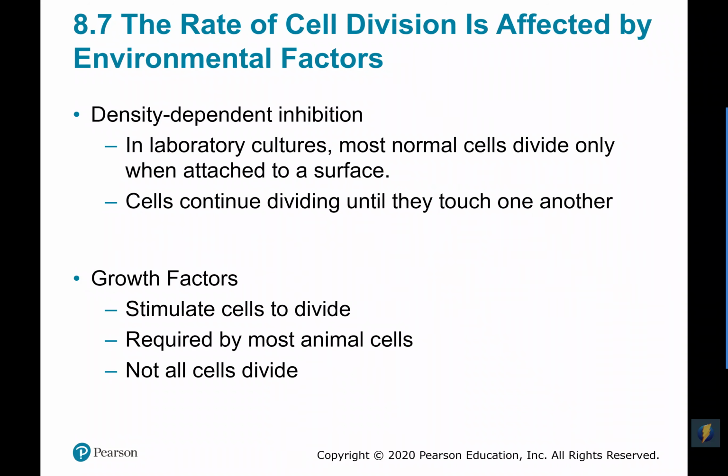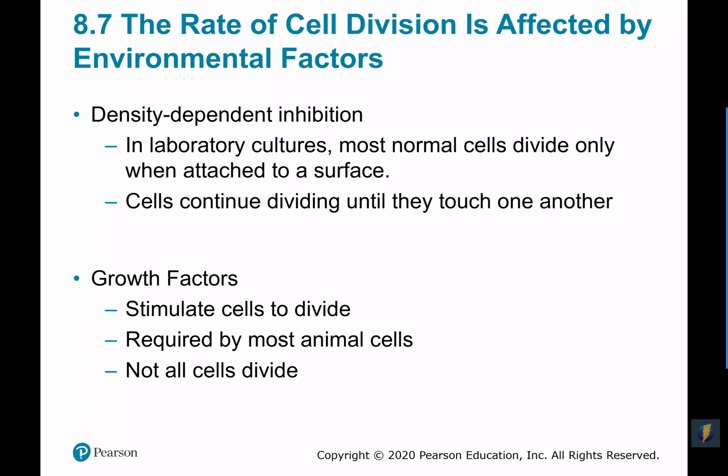Typically, there are density factors related to the way mitosis occurs. If you've ever had a cut or anything and watched it heal itself, it occurs from the edges and then they meet in the middle.